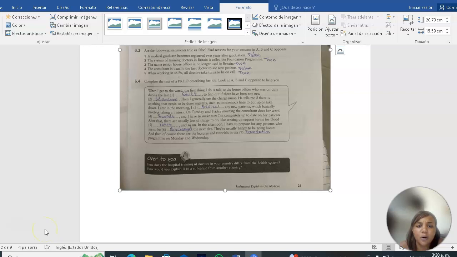Complete the text of a PRHO describing her job. Look at A, B, and C opposite to help you. When I get to the ward, the first thing I do is talk to the house officer who was on duty during the last shift to find out if there have been any new admissions.